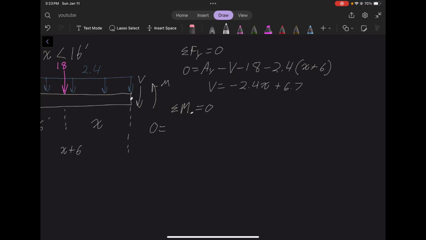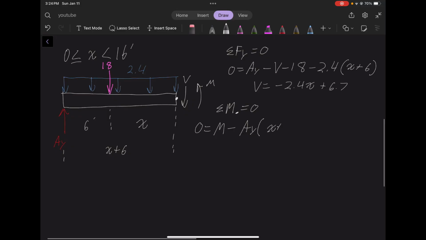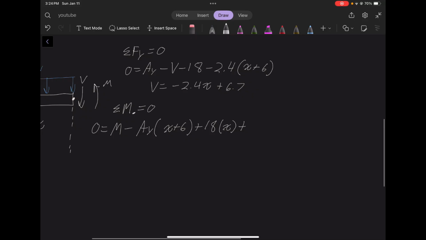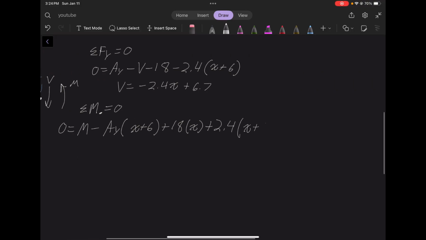So 0 equals, here we go, the moment again, minus AY, because it's rotating us this way, AY, the total length of the beam, x plus 6, plus 18, rotating us this way, x plus 2.4, the distributed load, times the total distance, because it's the total thing, times x plus 6.